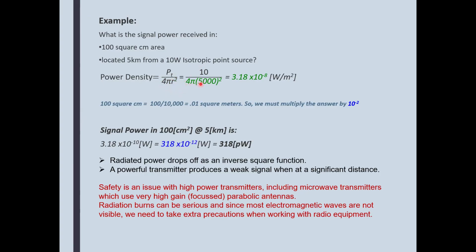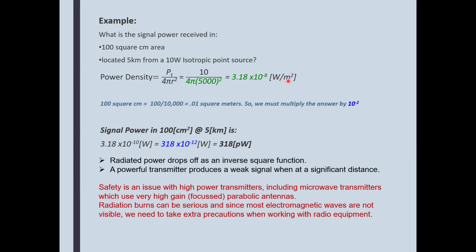We have 4 pi times 5,000, because 1 kilometer is 1,000 meters, so 5,000 meters. If you do the calculation, 10 over 4 pi 5,000 squared, you're going to get 3.18 times 10 to the negative 8. And what's the unit? Remember, watts per meter squared.